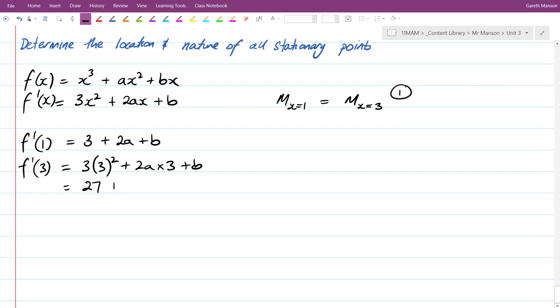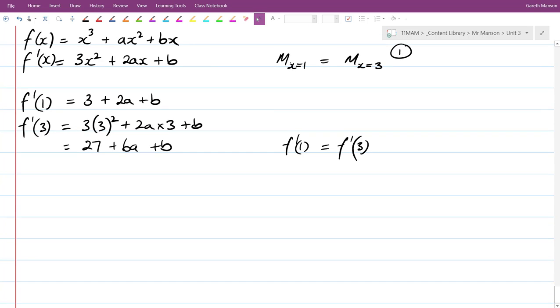That's 27 plus 6a plus b, and I know that f dash of 1 equals f dash of 3, and so I can equate these and solve for a and b. So I get this: 3 plus 2a plus b is equal to 27 plus 6a plus b.